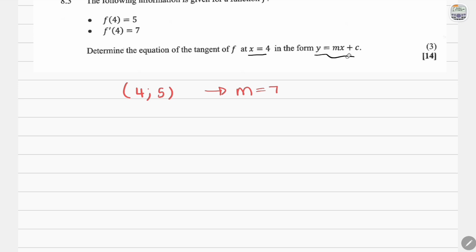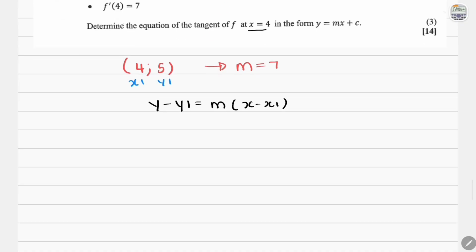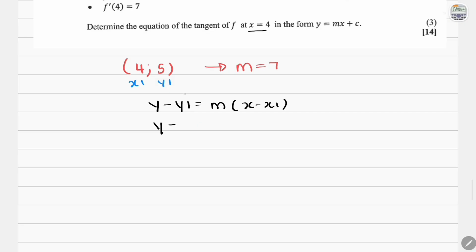So you can use y equals mx plus c, or you can also use this formula. y minus y1 is equal to the gradient times x minus x1. And so x1 and y1 are your points. So that's x1, that's y1. And we're going to say y minus 5 is equal to our gradient of 7 multiplied by x minus 4.